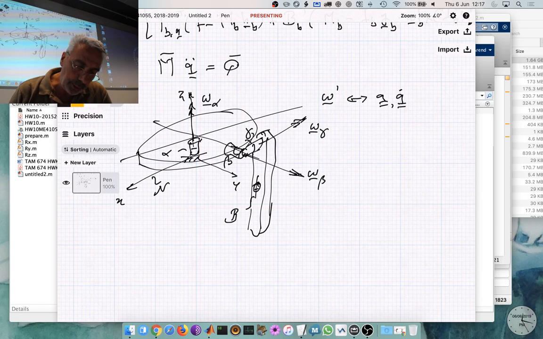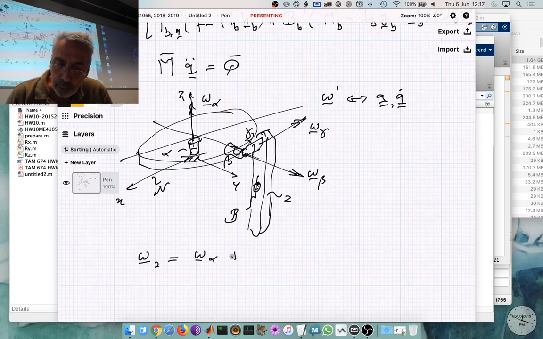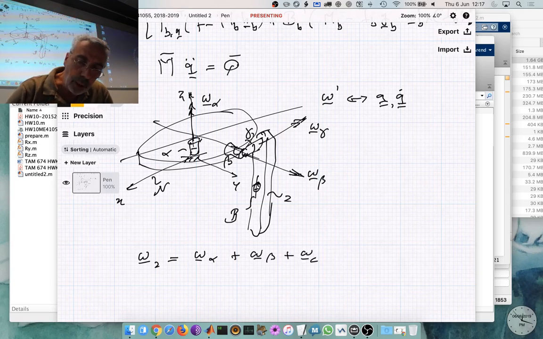What else do we need? That looks about right. So now we can form our omega of body 2. And I want to express it in the body fixed frame, right? That's the thing I want. How do I do that? Well, let's first drop that we put it in a frame. I say omega 2. I know for sure that it's omega alpha plus omega beta plus omega gamma, because after this series of hinges, you end up at this body.